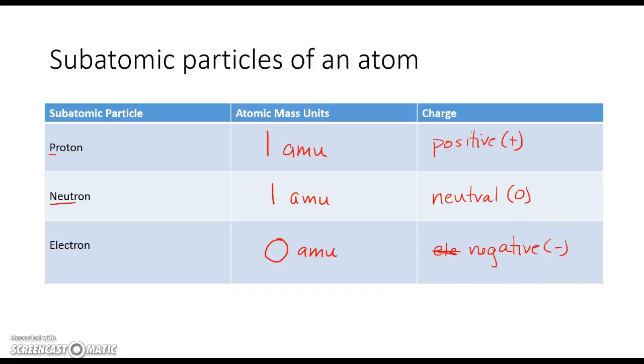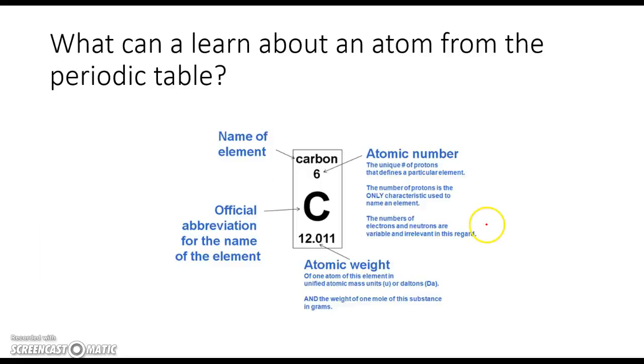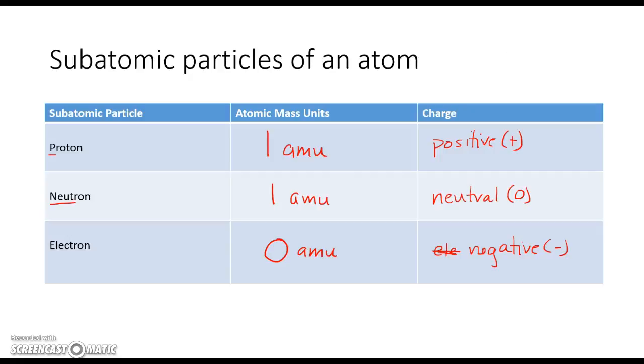So now let's work through a couple of other things. If you were to add up the mass of the protons, the neutrons, and the electrons, you get something that is called the atomic mass.